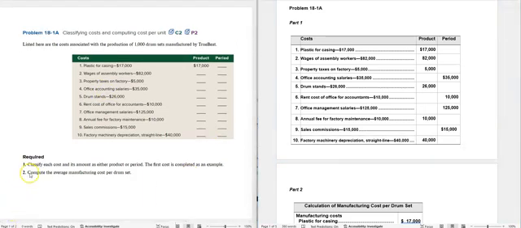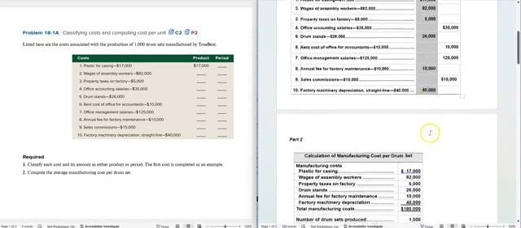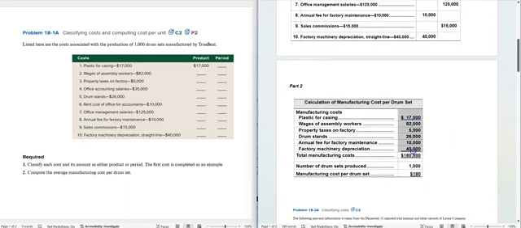The second part of this is asking us to calculate what the average manufacturing cost is per drum set. What is it costing them to manufacture each inventory item? Well, to determine that, we only care about the cost incurred to make the product, the manufacturing cost of making the drums. So I'm going to bring all of those numbers down here.